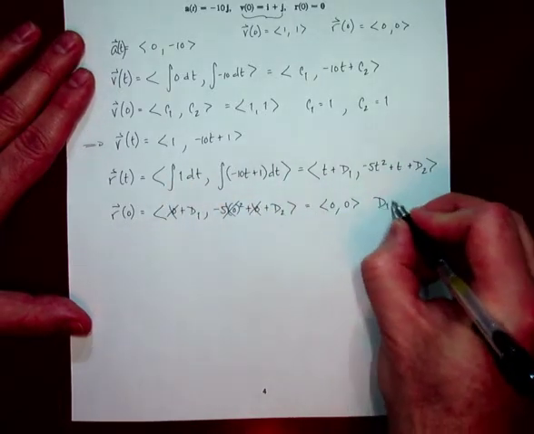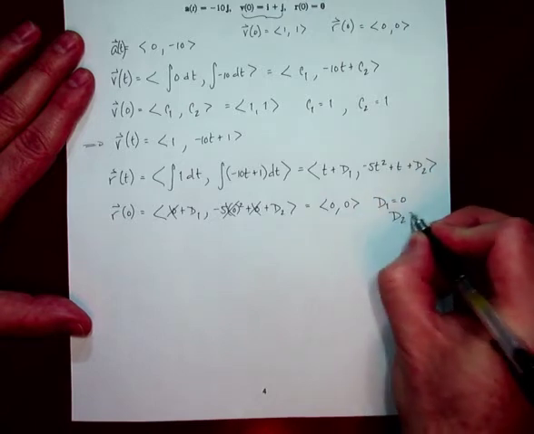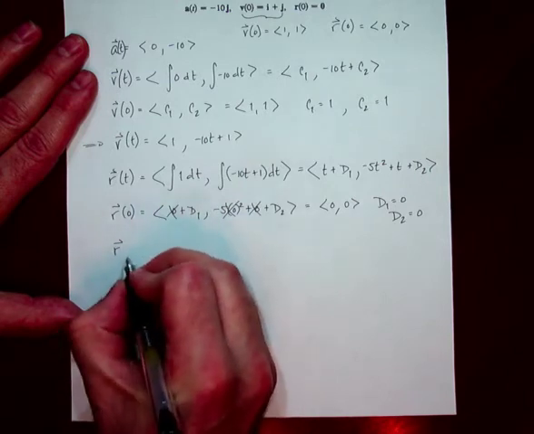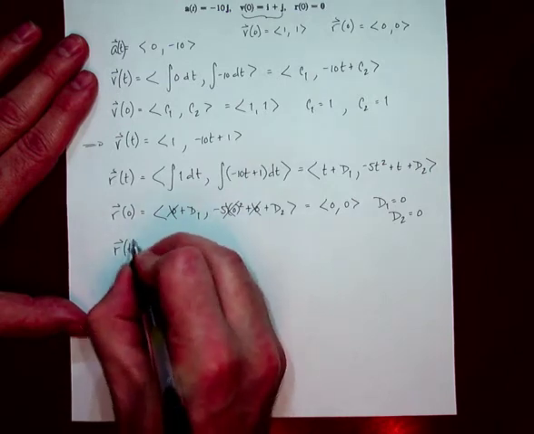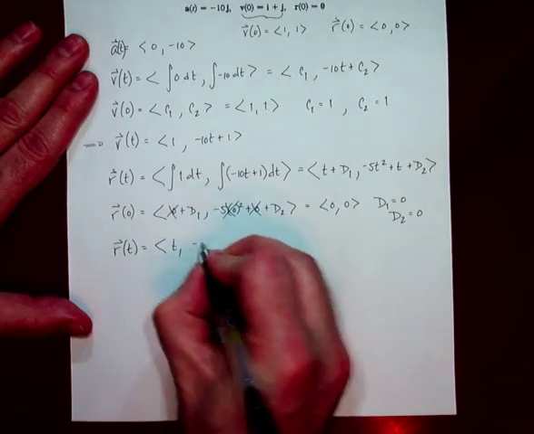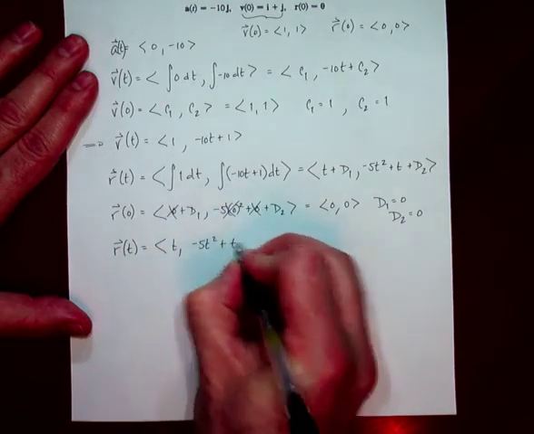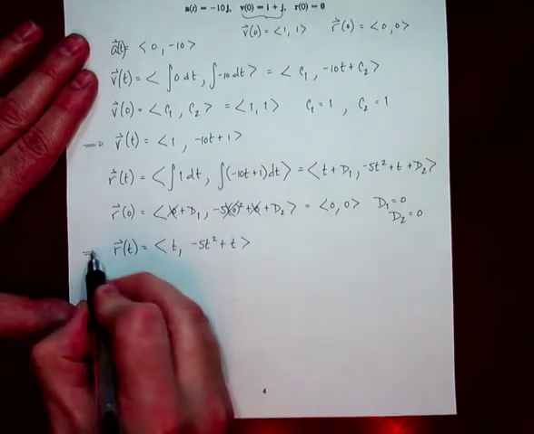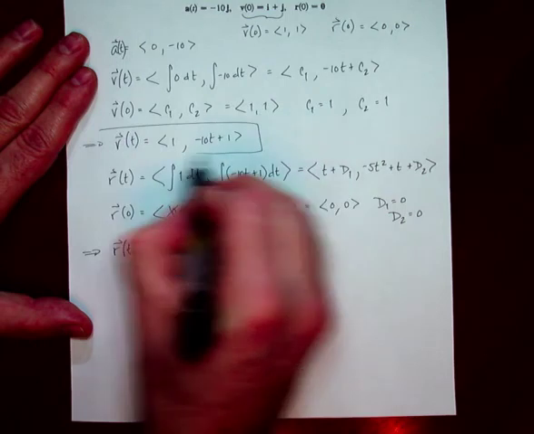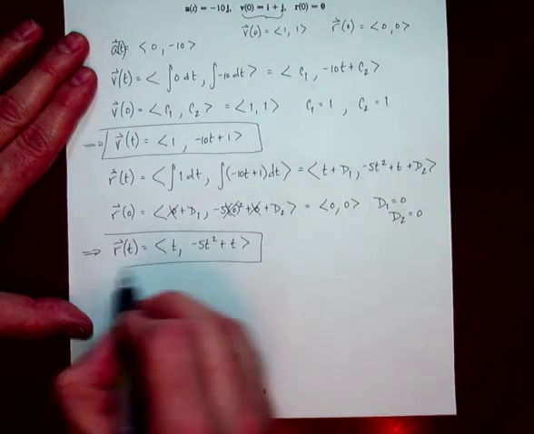Again, I have ones that don't actually require any arithmetic, and that's kind of nice, which means that my position vector is just this without the d's. So it's t and negative 5t squared plus t. Okay, and I have basically gotten what it asked me to. I found the velocity vector, and I found the position vector.